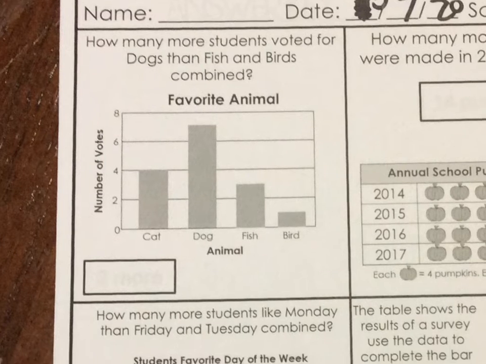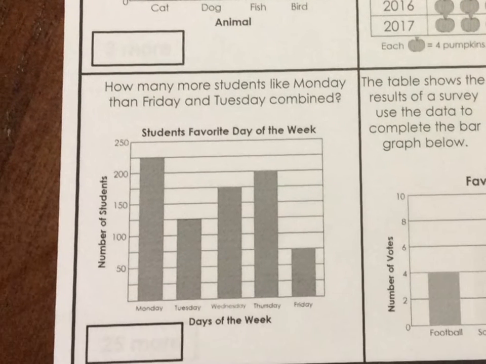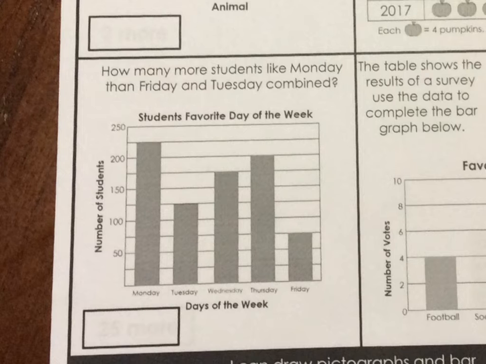So then, let's go to the next one. How many more students like Monday than Friday and Tuesday combined? Again, same kind of thing, but the graph looks a little bit different, where it's counting by 50. 50, 100, 150, 200, 250.